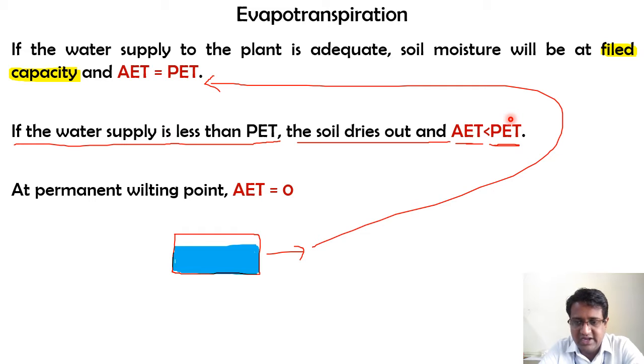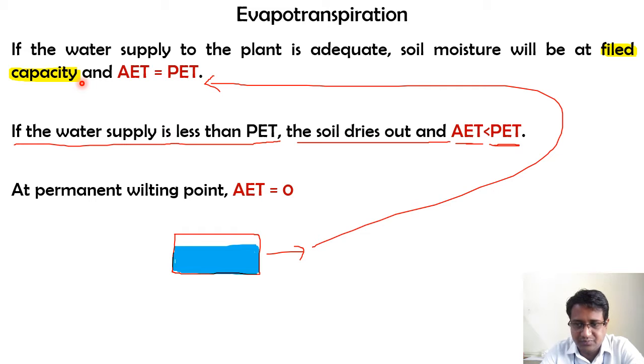Only if the soil is at its field capacity do you call that potential evapotranspiration. What this sentence tries to tell you is, if the moisture content of the soil is less than the field capacity, it is from 1 to 99%.